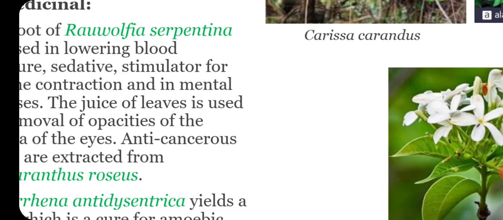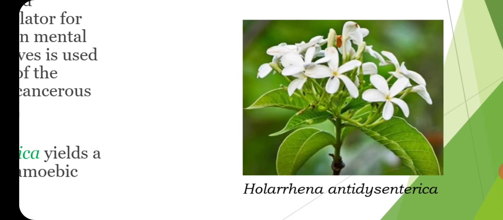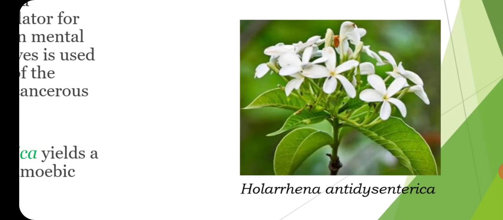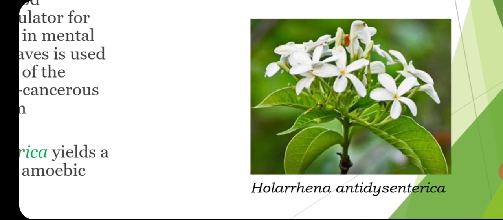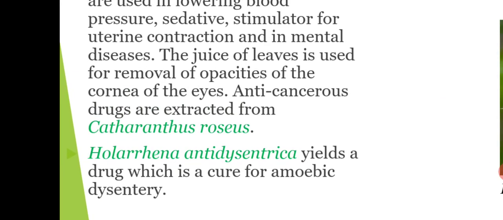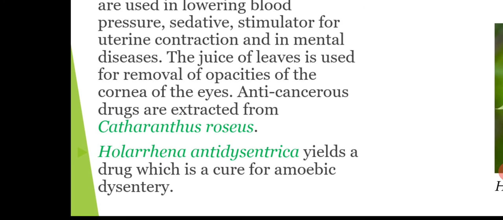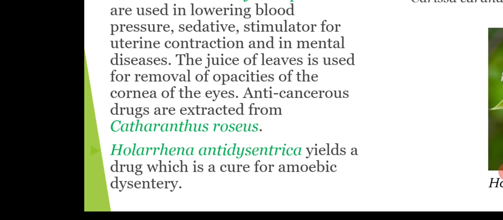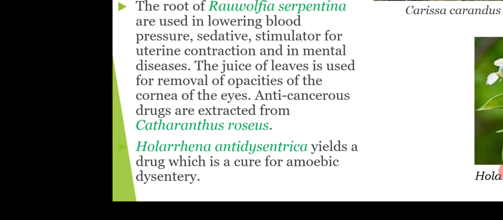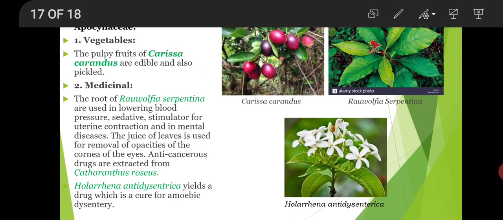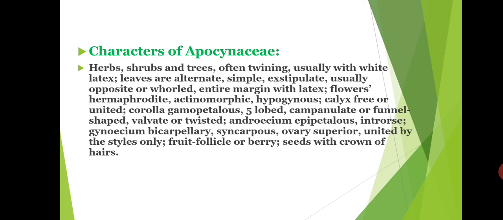Then this particular plant, Holarrhena antidysenterica, yields a drug which is a cure for amoebic dysentery. That is why antidysenterica, the species name, also explains the property of this plant. And of course this plant is also with showy flowers. Okay.